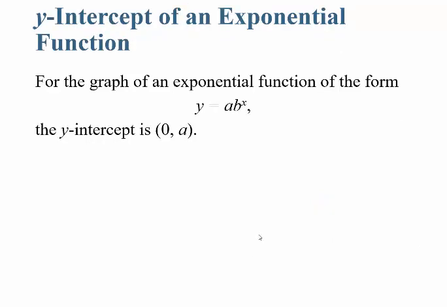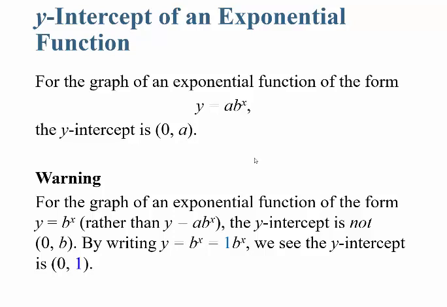All right, so for the graph of an exponential function of the form y is equal to a times b to the x, the y-intercept, remember when x is equal to 0, b to the 0 just goes to 1, so 1 times a. The y-intercept is always (0, a), always, always. Okay, here's a warning.